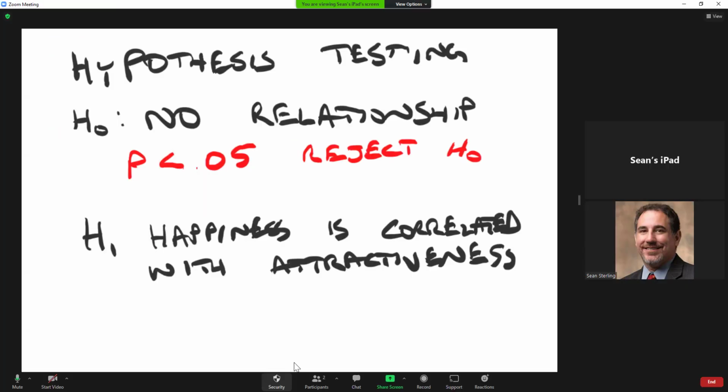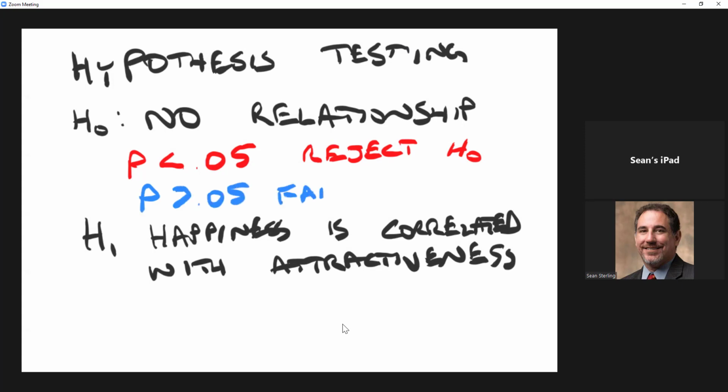So what that means is, I'll put it in blue, when P is greater than 0.05, we fail to reject the null.